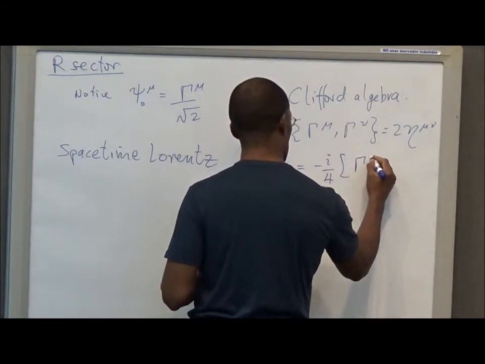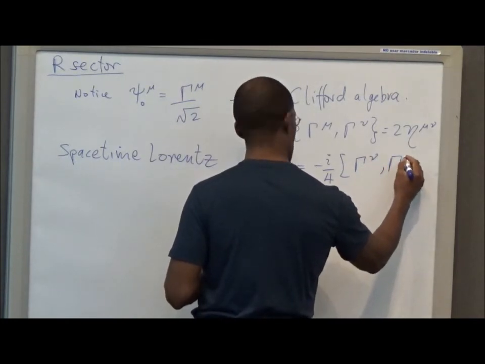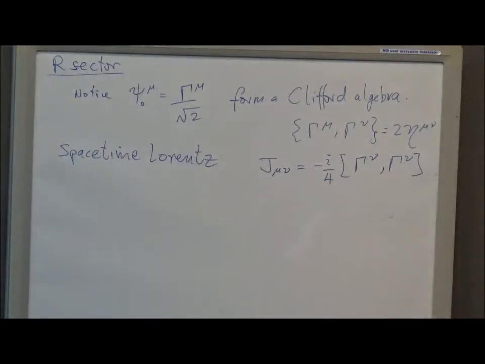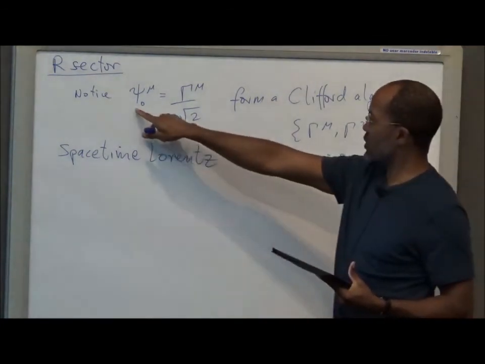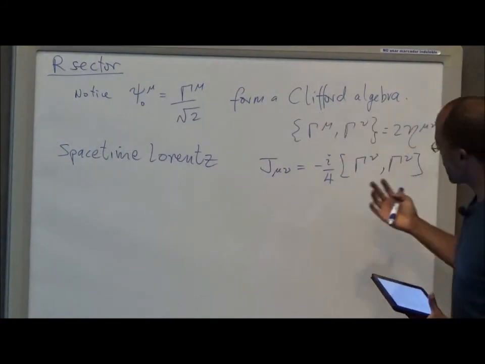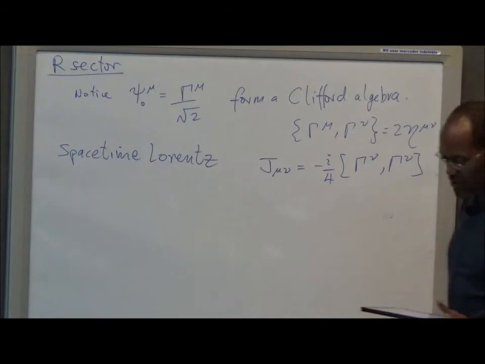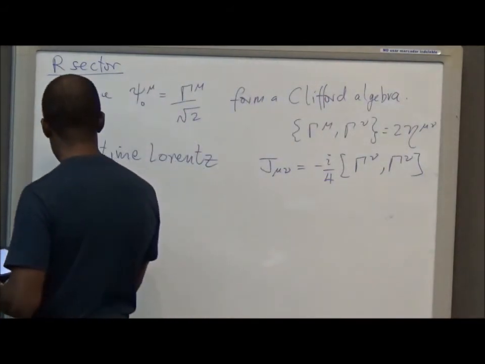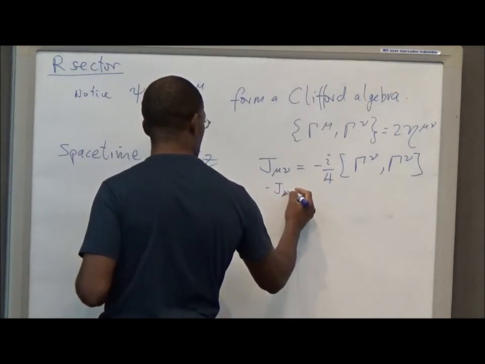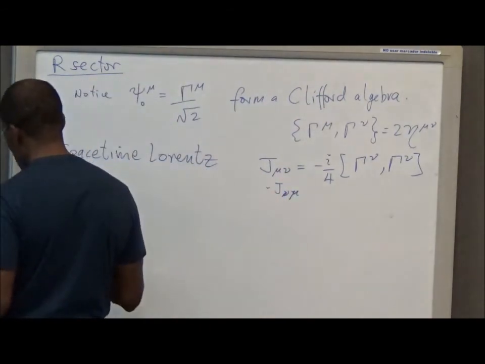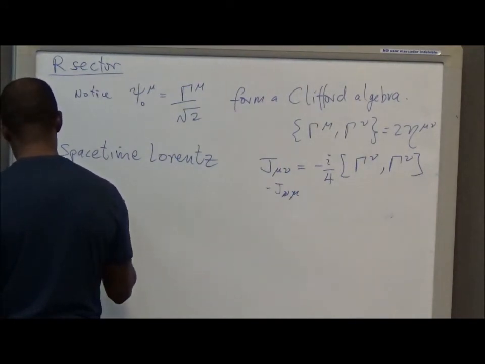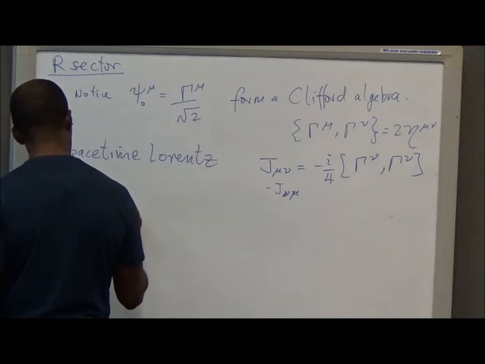But I can actually build the space-time Lorentz generators this way. Okay. And so these zero modes of the fermionic sector, because they form a Clifford algebra, they also can keep track of the space-time Lorentz generators that then satisfy, they're antisymmetric, and they satisfy the space-time Lorentz algebra as generators.